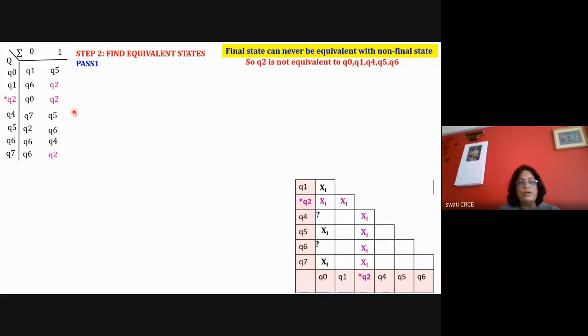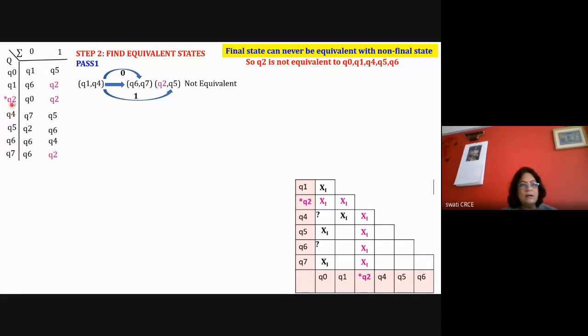So that means you are following me. So take Q1 and Q4, and for Q1, Q4, write down the transitions for 0 and 1. Here also I am getting a pair where one state is final and one is non-final. So I can immediately say that Q1 and Q4 are not equivalent, so I'll write down the cross here.